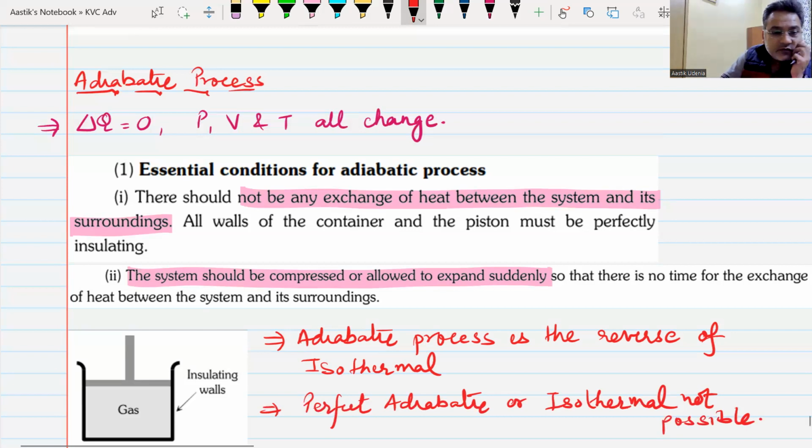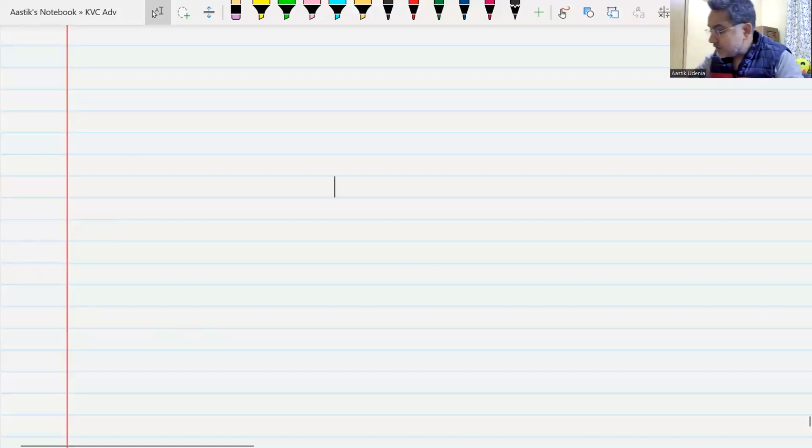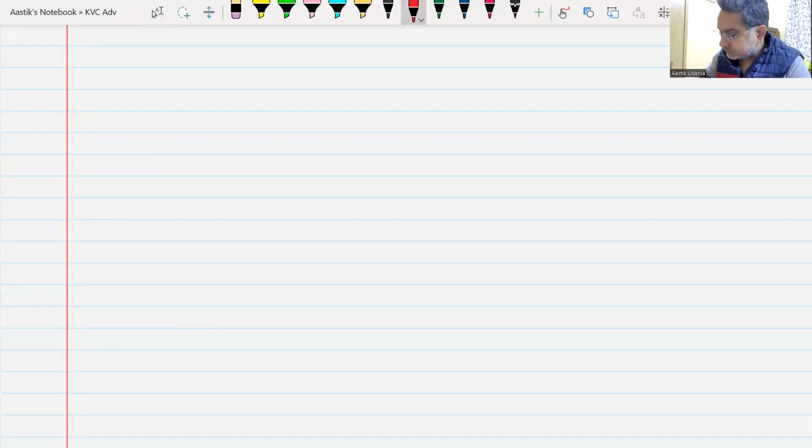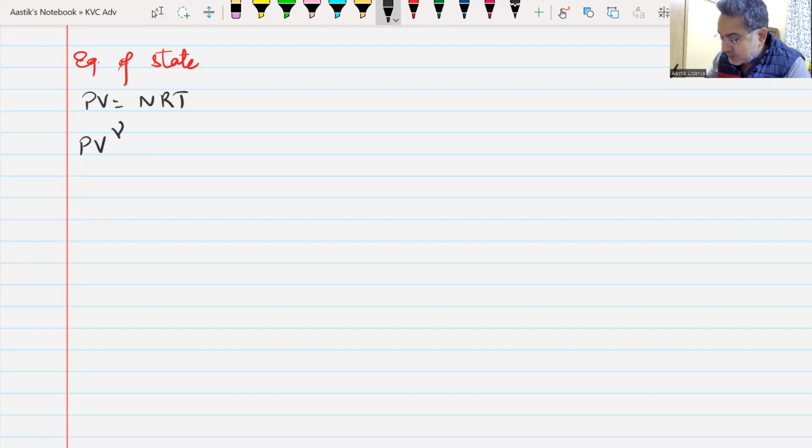I'll give you a minute to note it down. The next thing is equation of state. The first equation of state is PV is equal to nRT. This is always valid in all the processes. Then you can write the equation of state as PV raised to the power gamma is constant.